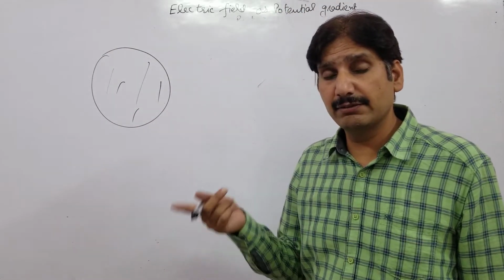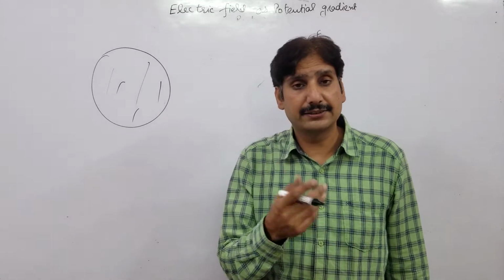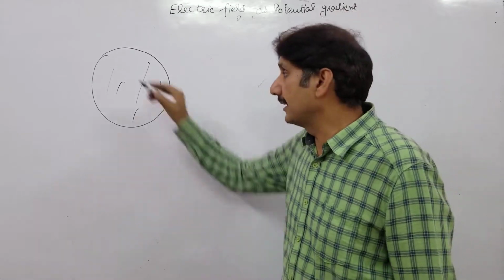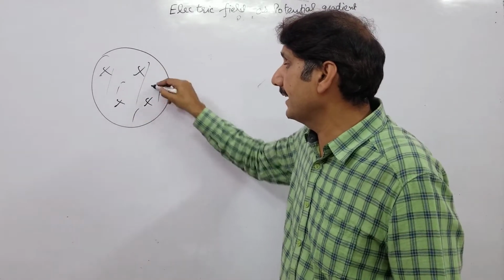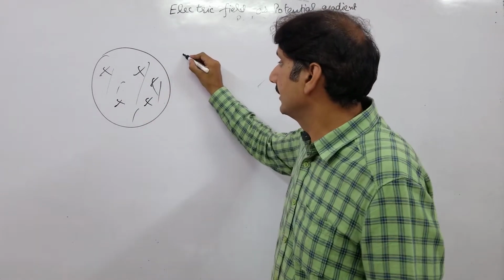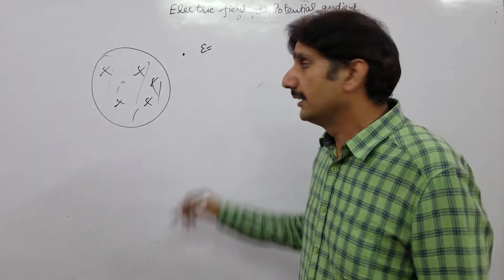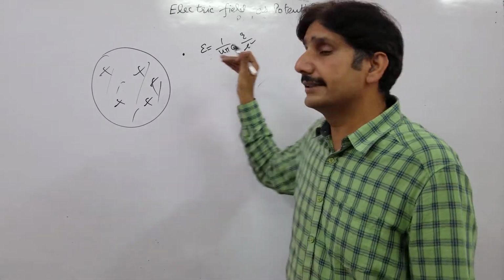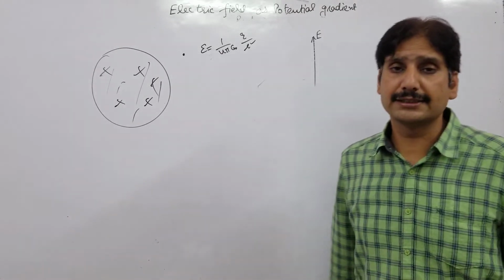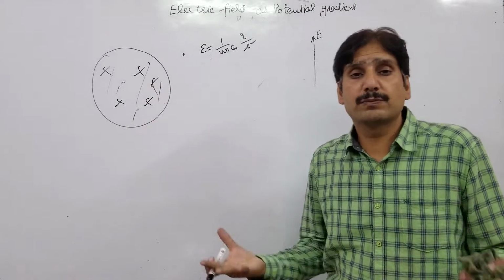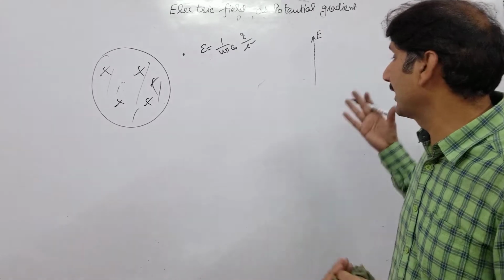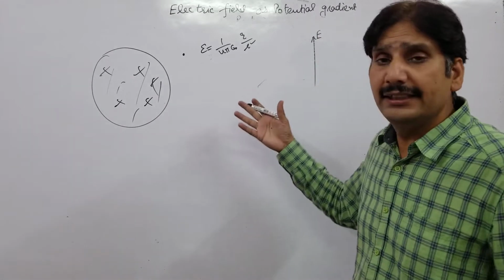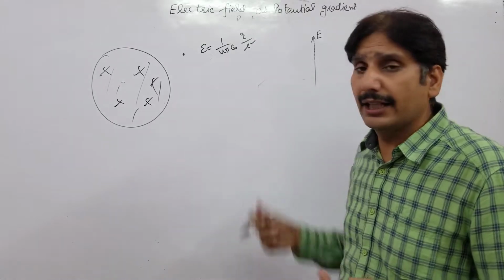A conducting sphere will behave like a hollow shell. This is a dielectric sphere, which means charge resides inside it as well. Outside it, the electric field is the same, 1 by 4 pi epsilon naught q by r square, as if all the charge is concentrated at the center. So if you integrate it, the expression for potential will remain the same as in the spherical shell case. At the surface, it will be q by R.